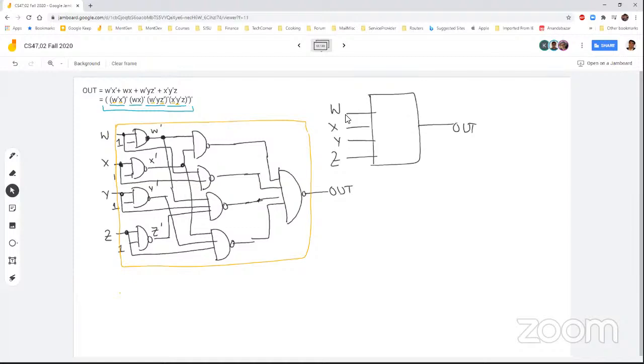Now let's say at the input side, it came about 6, for example. Input side 6, it came out 6. So 0, 1, 1, 0. And my expected output is 1. So let's see if that is the case. My input side XY is 1 and W and Z is 0. So W bar will be 1, Z bar will be 1.